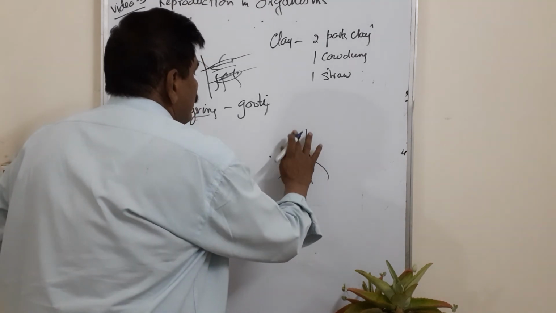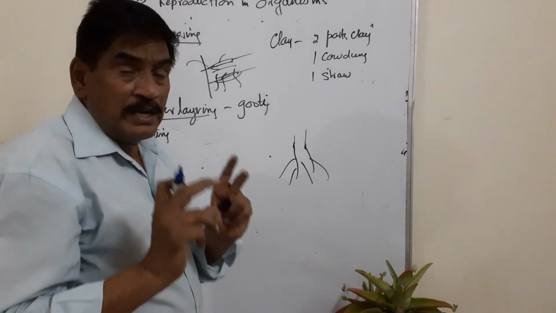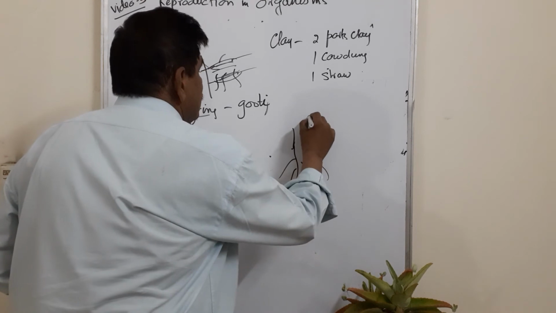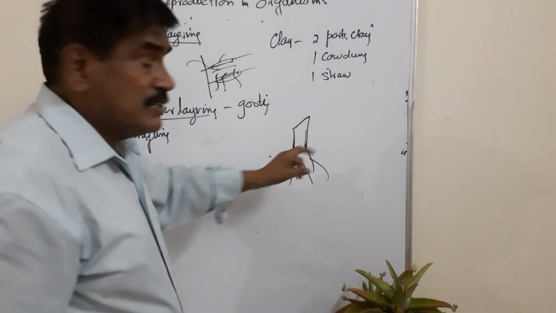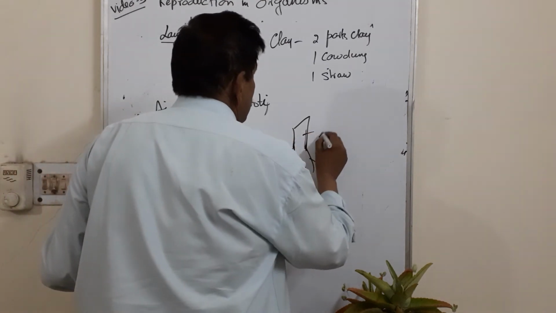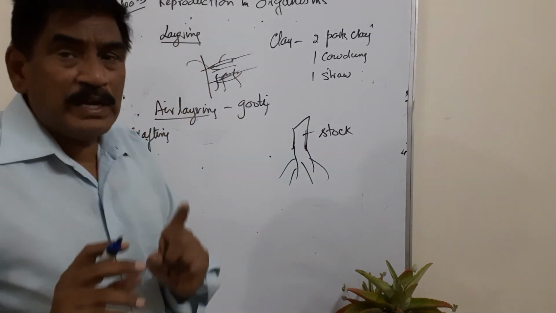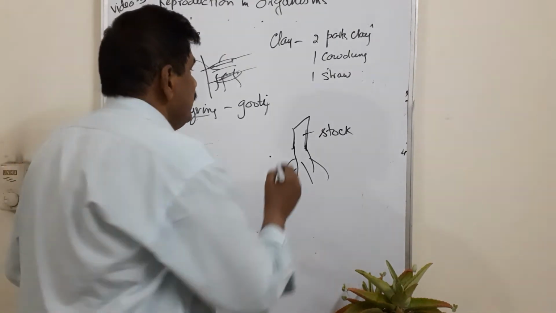We have to graft the twig of a good plant here. So you cut the base stem of the plant. It is called the stock, on which a twig of a mature plant of good variety is cut.